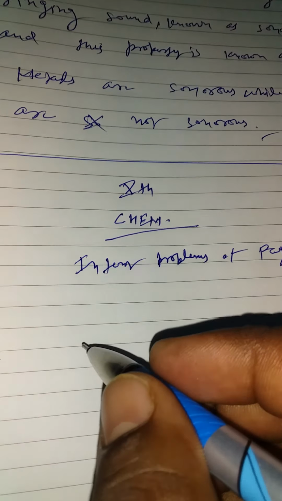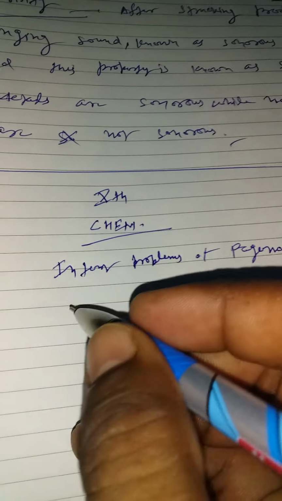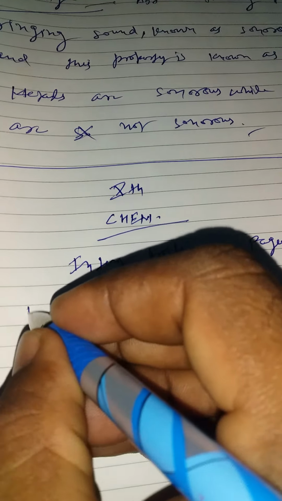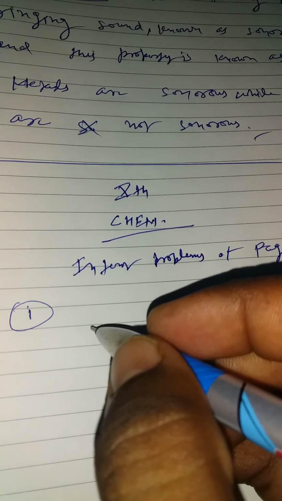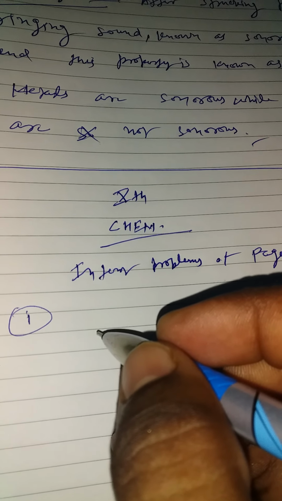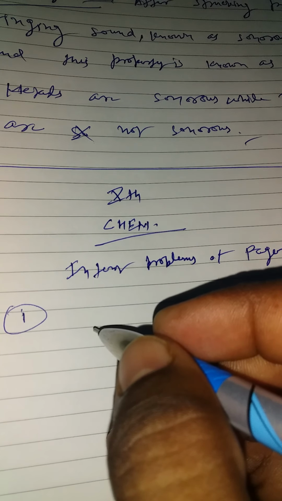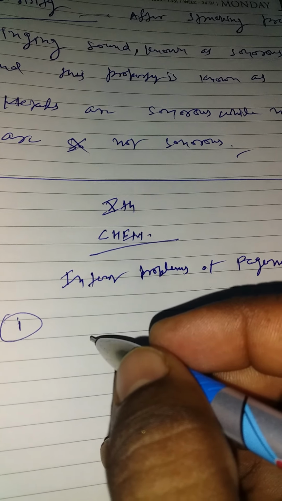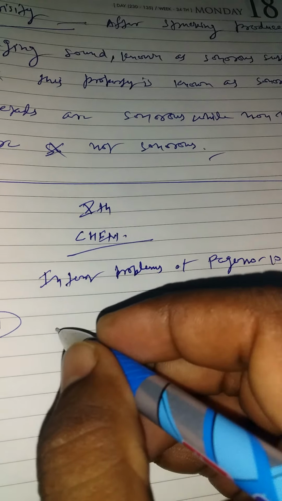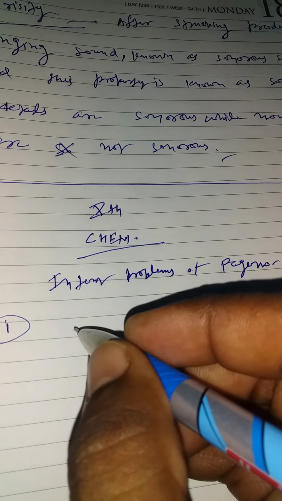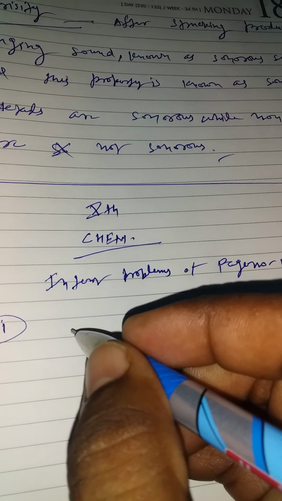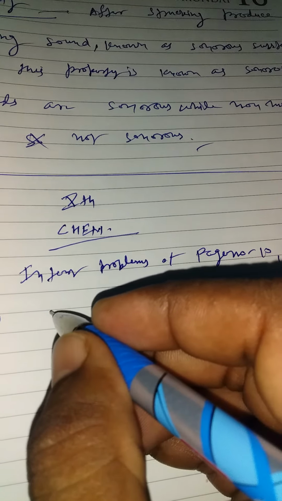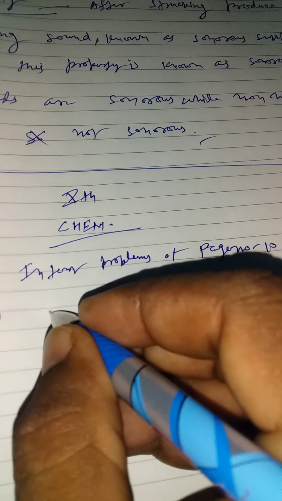So the first question of page number 10 is: a solution of a substance X is used for whitewashing. Name the substance X and write its formula. Dear students, for whitewashing we use quicklime.